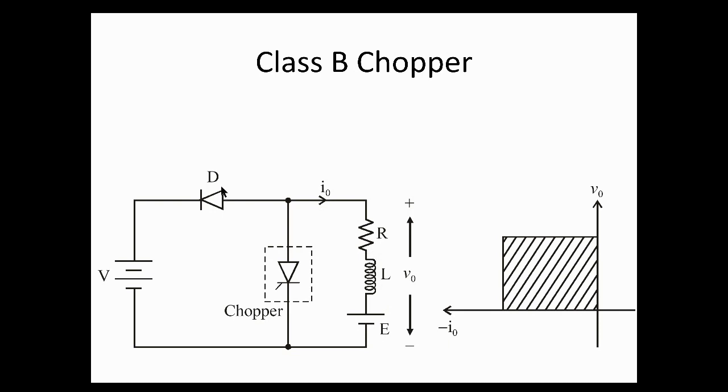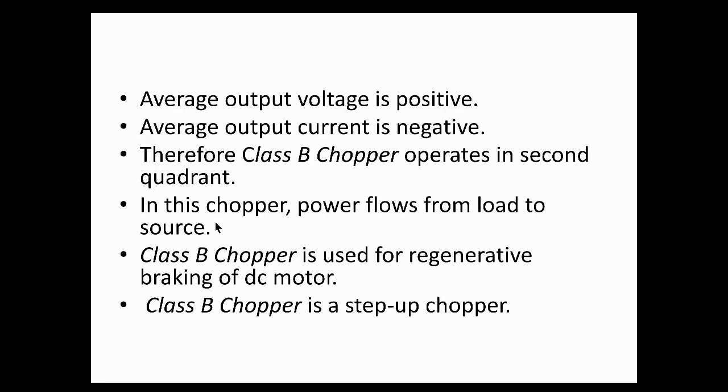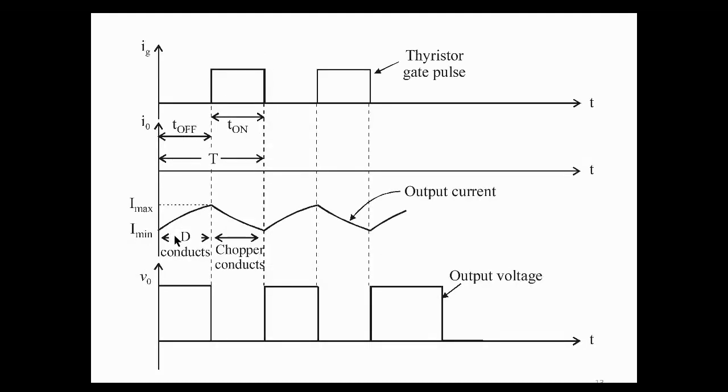So at that point when the chopper turns off, this diode is now conducting. That's what I'm showing here. Here, thyristor off, diode is now conducting.